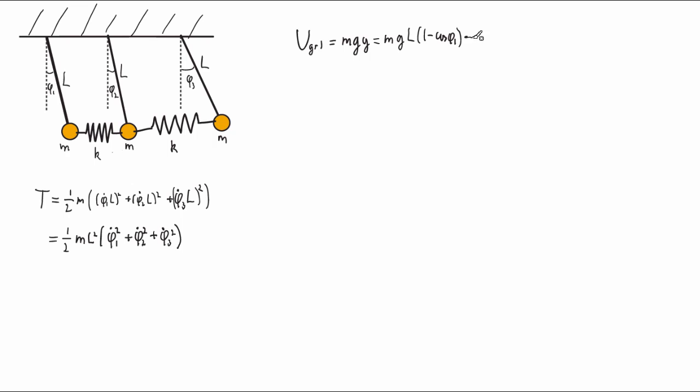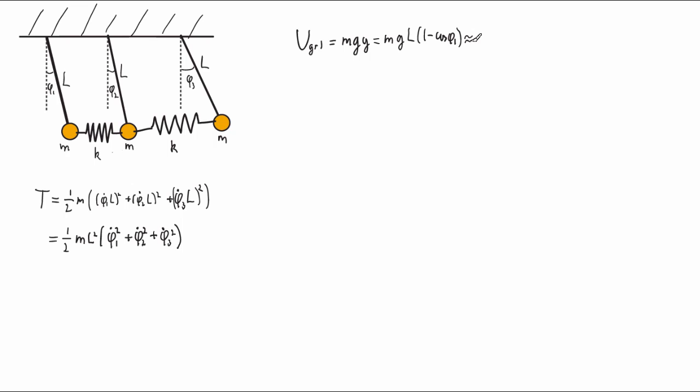Okay? Now, that's all well and good, but this is going to lead to a nonlinear system. So just like before, we're going to approximate the cosine with the first two terms of its Taylor expansion, which is valid for small angles phi1.